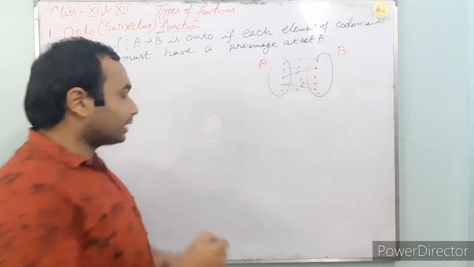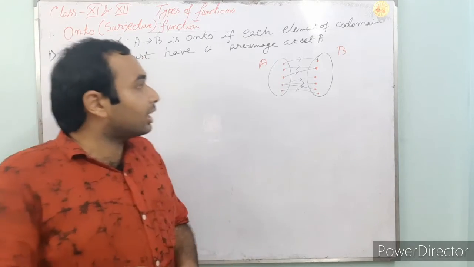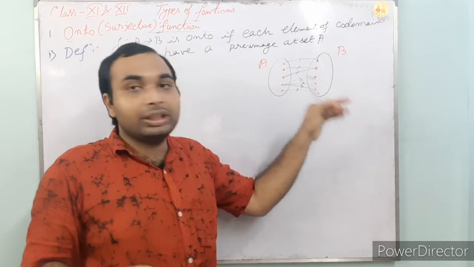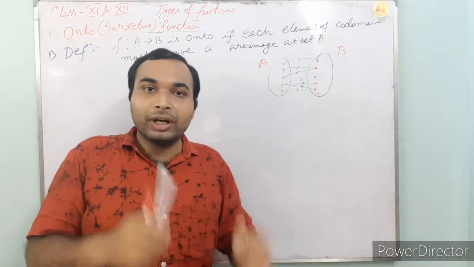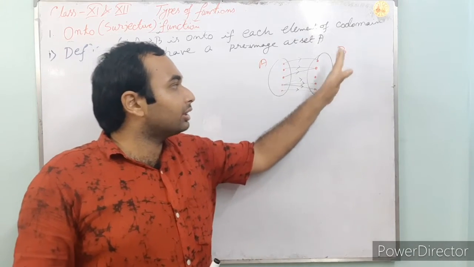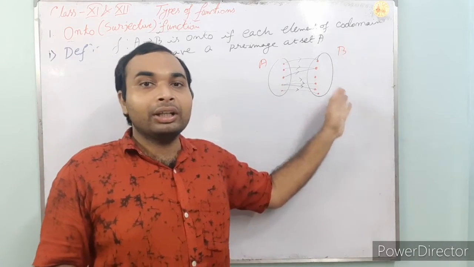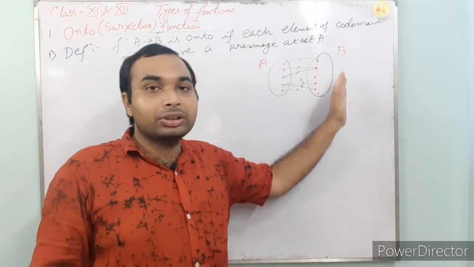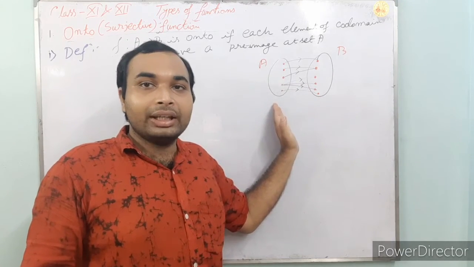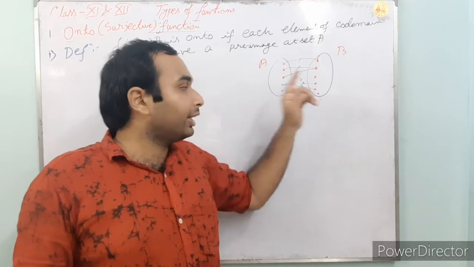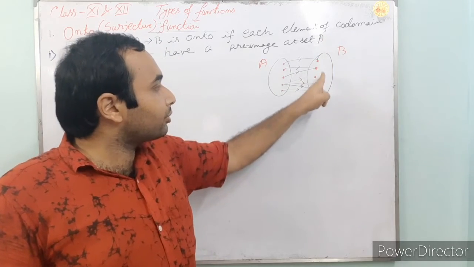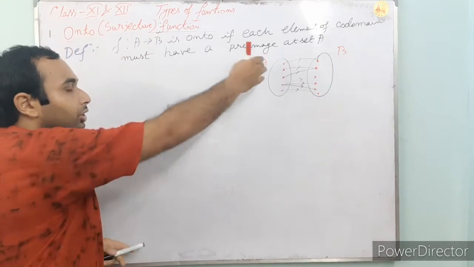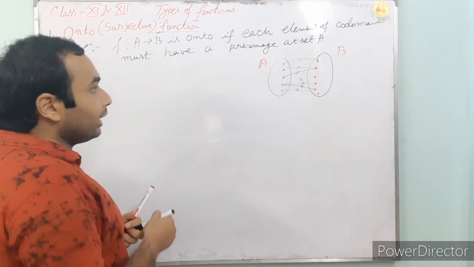Just see, no elements are left in the set B. In the previous functions, some elements could be left there which were not associated with elements of set A. But here, all the elements of set B will be associated with elements of set A.